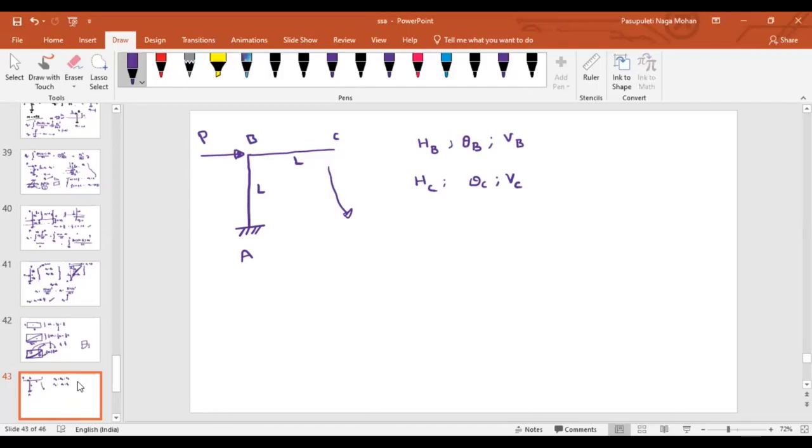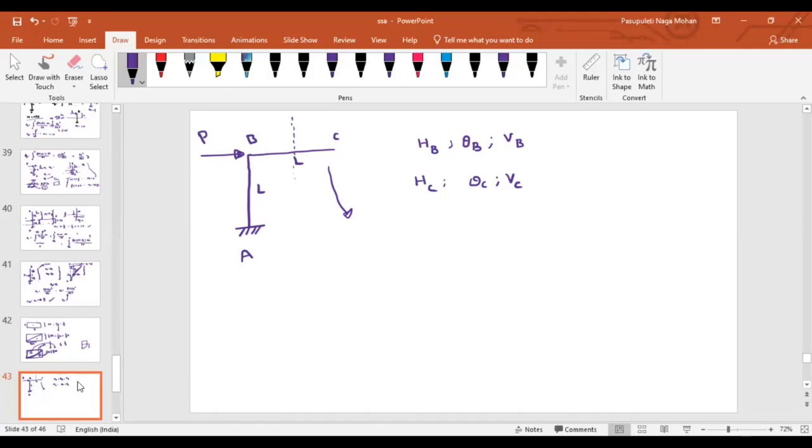Now, let us say I consider some section around here. Even for the axial load, how do I find the axial load at a point? How to find a bending moment at a point? Look at any one side and add the summation of moments.